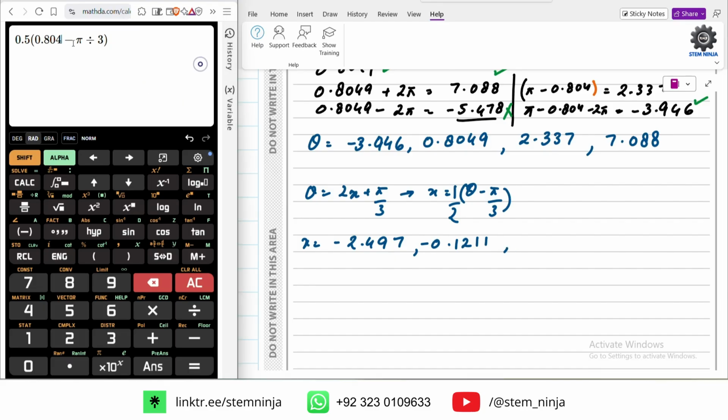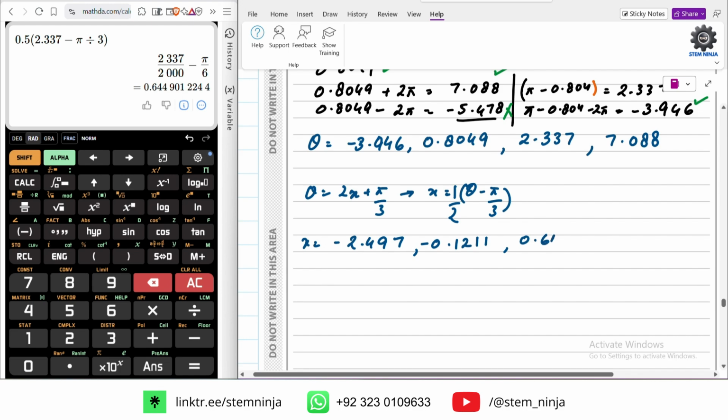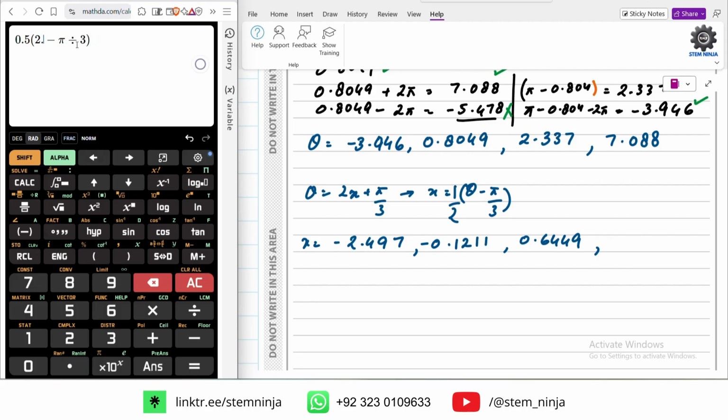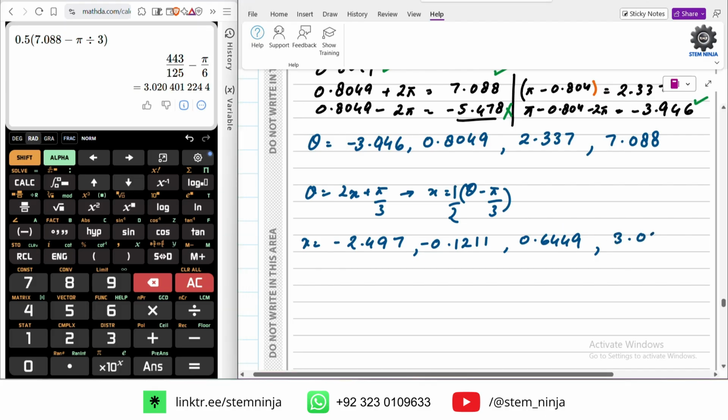And then we have 2.337, which gives 0.6449, and 7.088, which gives 3.020. So basically these are the values that we would obtain.